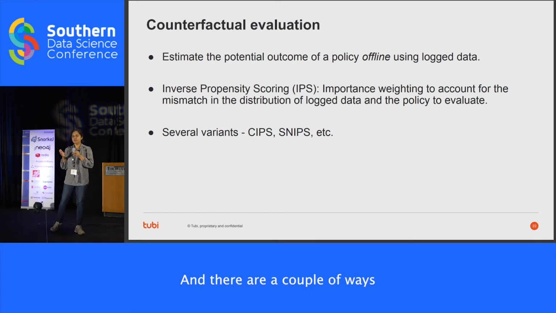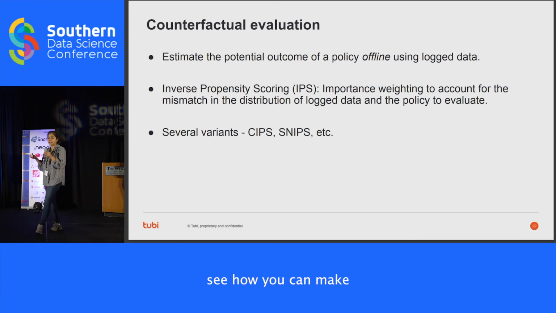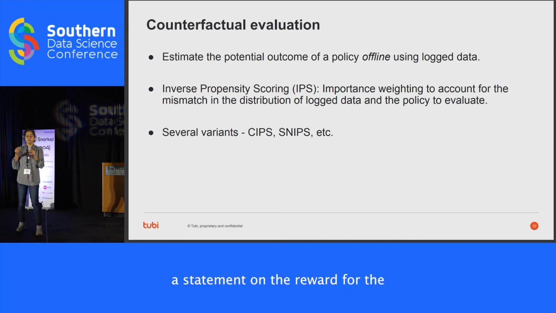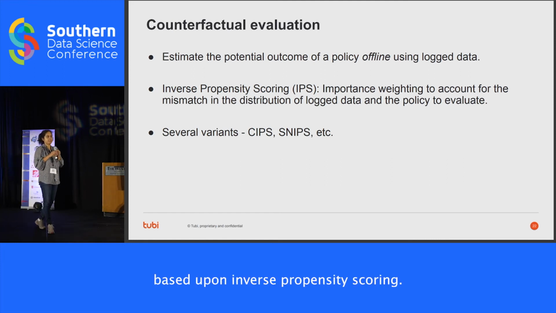There are a couple of ways that people do these counterfactual evaluations. Some of those processes rely upon generating exploration data, or uniform exploration data, and then trying to see how you can make a statement on the reward for the policy itself, or there are some approaches based upon inverse propensity scoring.